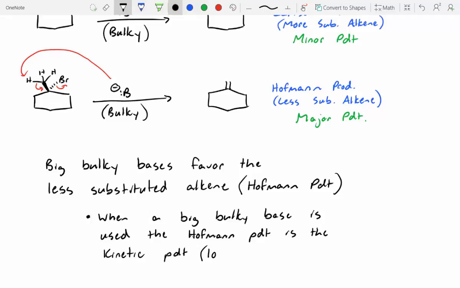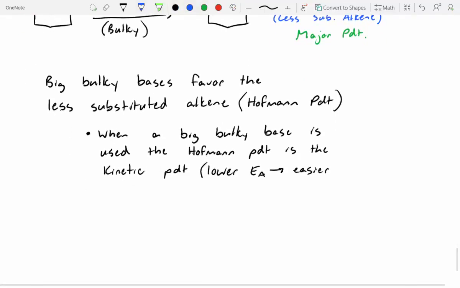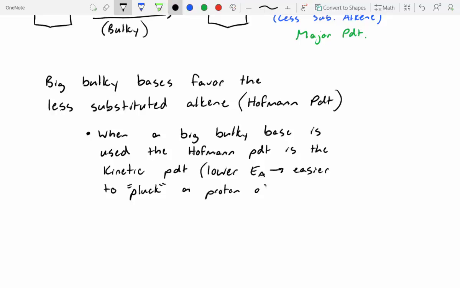Meaning it has the lower activation energy. It is easier to pluck, that's the science term, a proton off of a less substituted carbon.